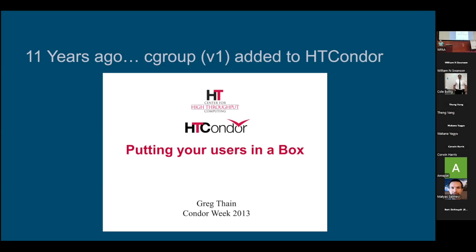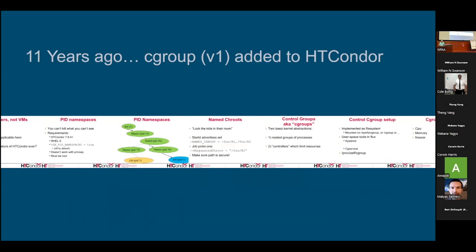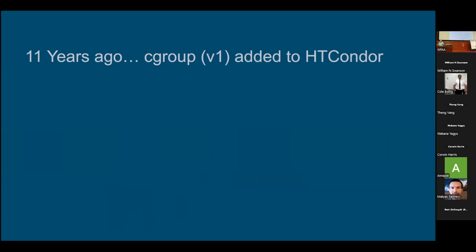And a lot of what I talked about 11 years ago about why we want C groups and why we want to contain users' jobs is still true. So I thought maybe we could quickly review that talk of mine from 11 years ago. We don't have much time, so I have to go through it pretty quickly. I hope you all get this. I think the really important thing here was on slide 4.